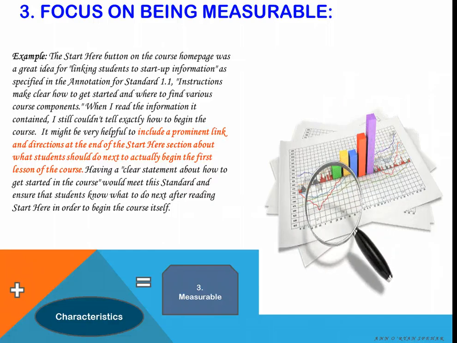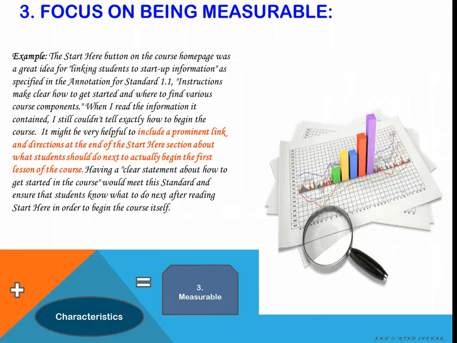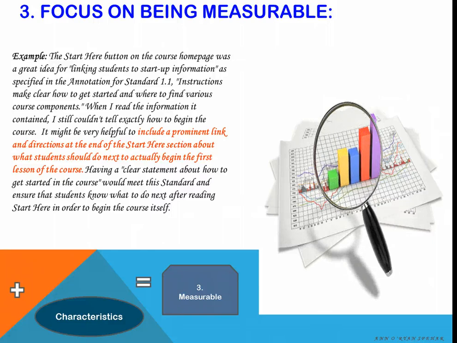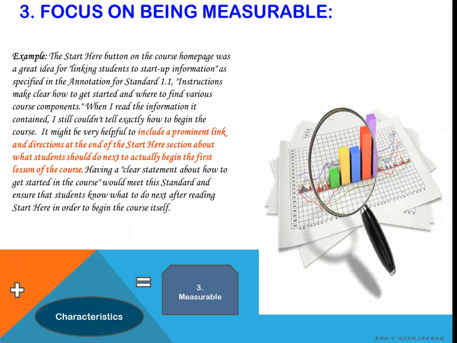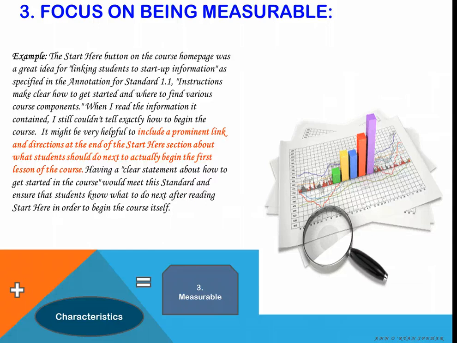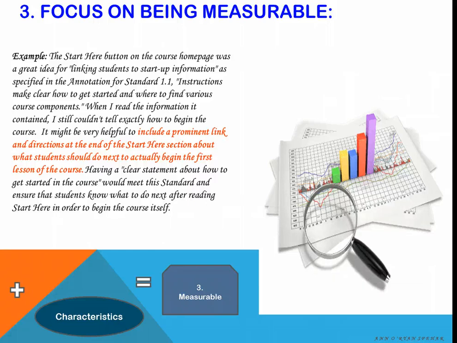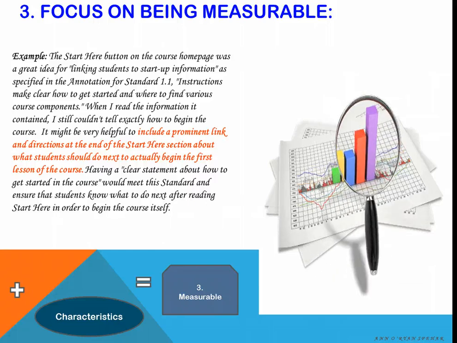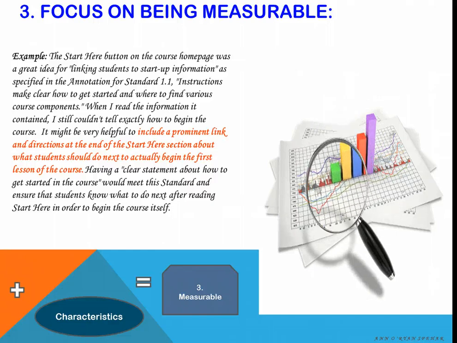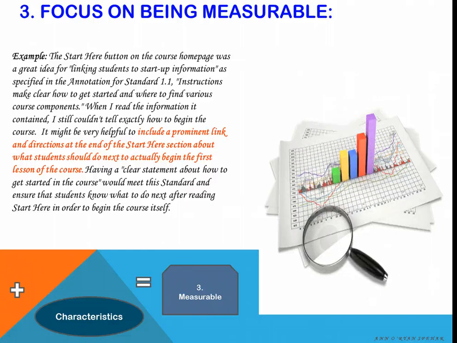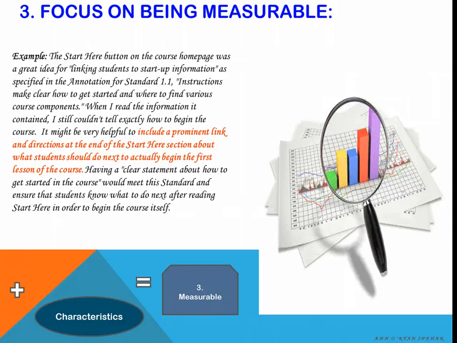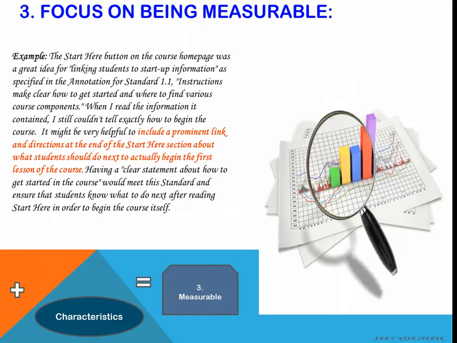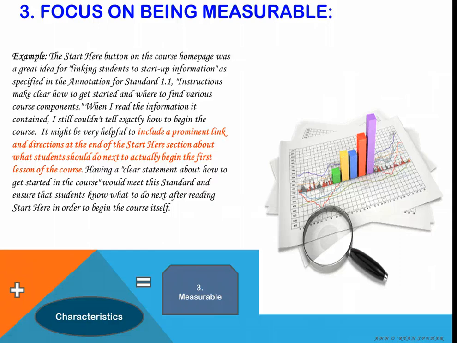Here's an example. The Start Here button on the course homepage was a great idea for linking students to startup information, again as specified in the annotation for Standard 1.1. Instructions make clear how to get started and where to find various course components. When I read the information it contained, I still couldn't exactly tell how to begin the course.